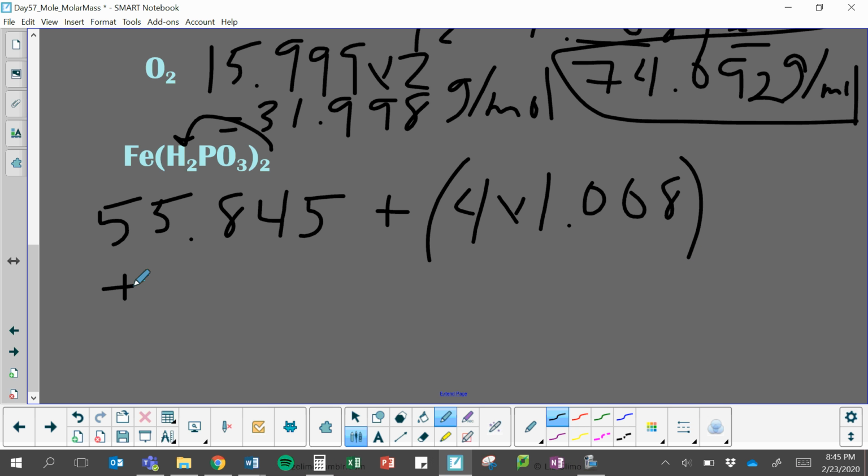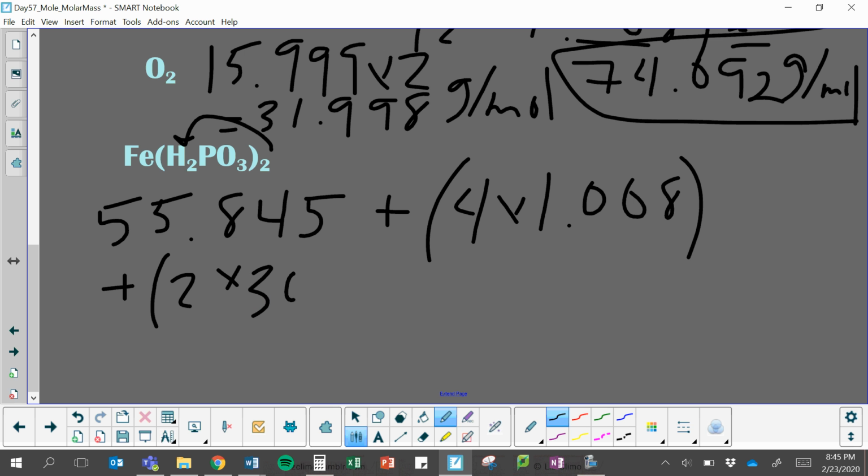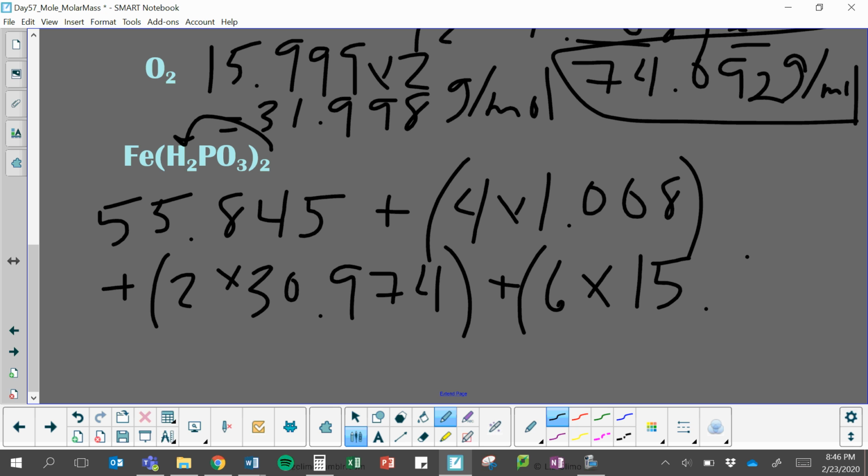Plus we have 2 phosphorus, 30.974. And then we actually have 6 oxygen.